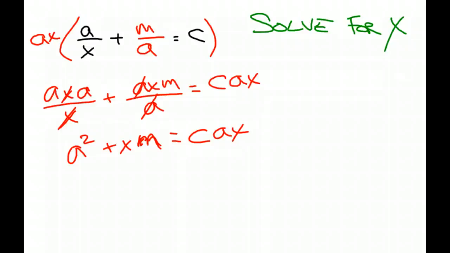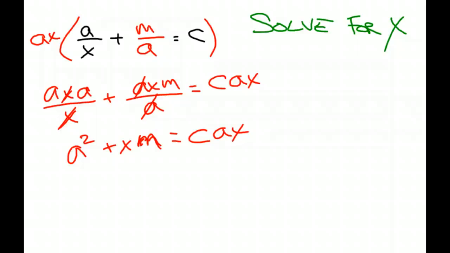Okay, so the next step is that we want to get all of our x's on one side, everything else on the other. But we can't split things up yet, so we have to take everything that has an x in it and move it to one side of the equal sign. I prefer the left-hand side of the equal sign, but that's just me.